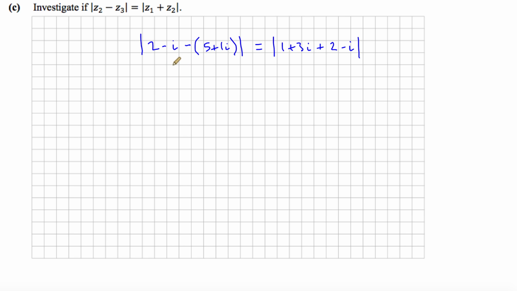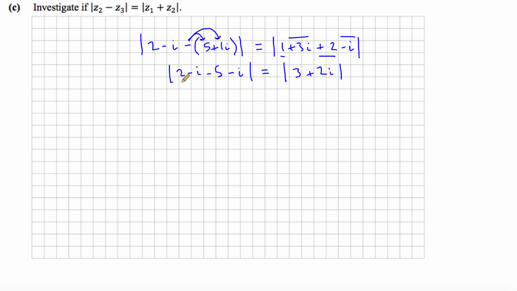So now we're going to tidy up. The left side here is the modulus of 2 minus i. Now minus by 5 is minus 5, and minus by plus 1i is minus 1i or minus i. So that's equal to the modulus of, I'm going to tidy up here, I've got the 1 and the 2 combining to give me 3, and I've got the 3i minus i here giving me 2i.